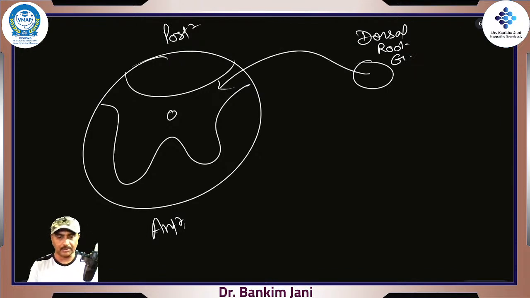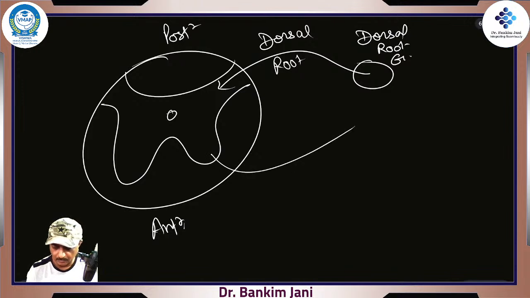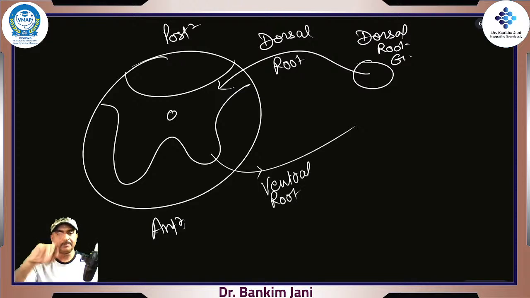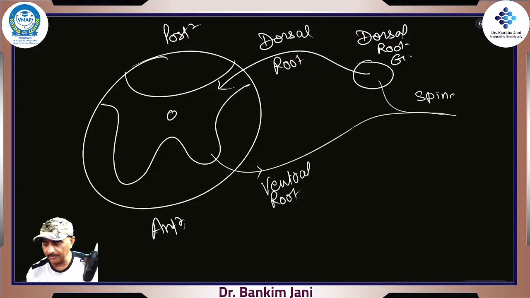It goes like this because that is sensory, right? So this is the dorsal root, good, right? And then there is the ventral one, which is motor. So this one is the ventral root. In the ventral root, things will go directly, right? And this is what is forming the spinal nerve.